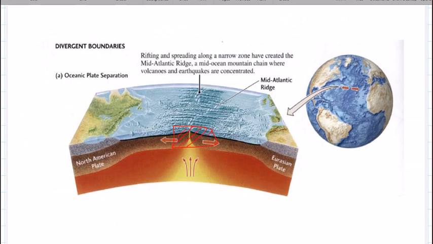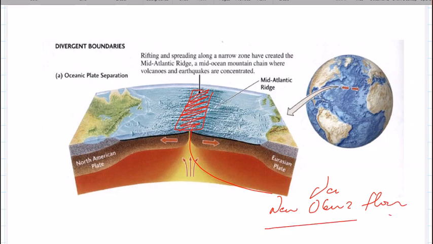And if this region is thinner, the magma from the inside will rise up wherever there is a weak zone. So this is the spreading center, and through this spreading center the magma will reach the oceanic surface or the continental surface and form a new oceanic floor. Okay, so this you have to remember.